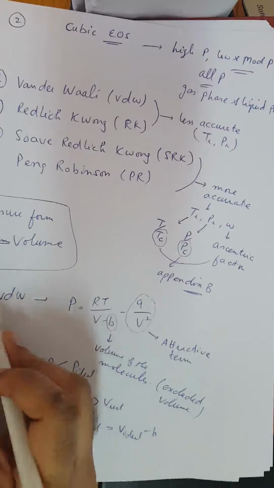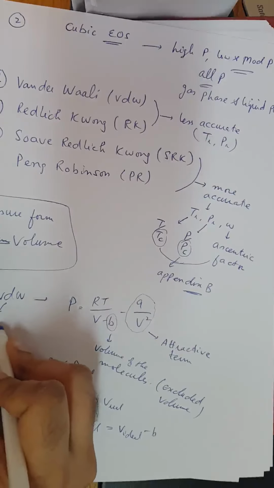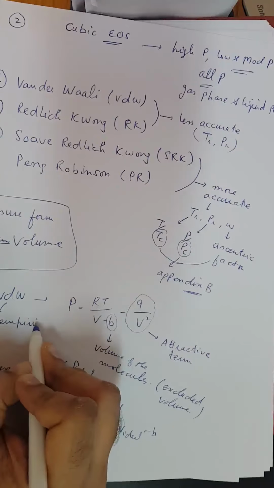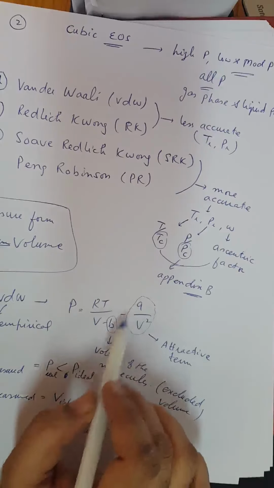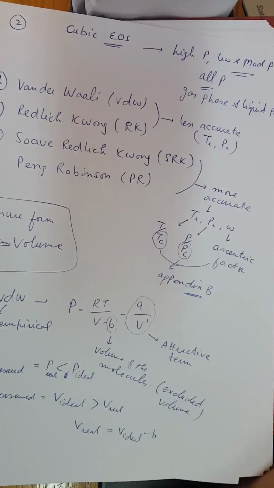Empirical means based on experiments, and this one is semi-empirical, because these two parameters are based on experiments. We are getting a and b from experimental values, and we are modifying the kinetic molecular theory. That's why we have the van der Waals equation.